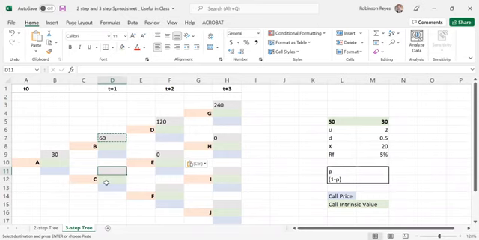For example, we cannot do it here because we don't have a node in a lower level, right? But we can use it here, and that's it.